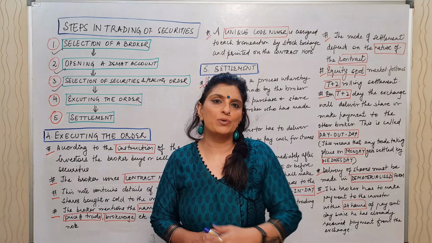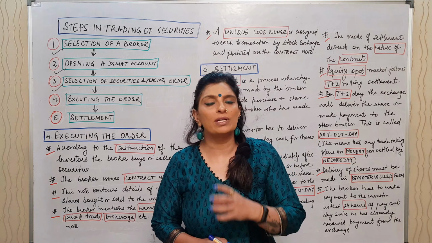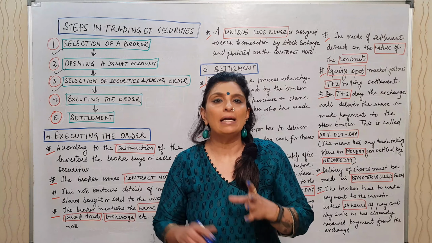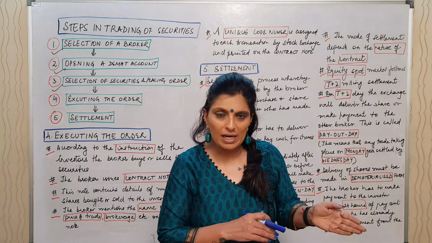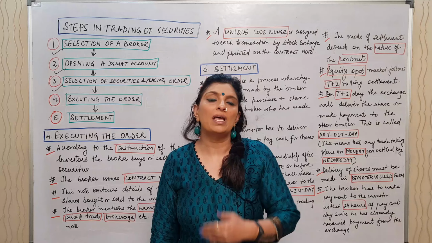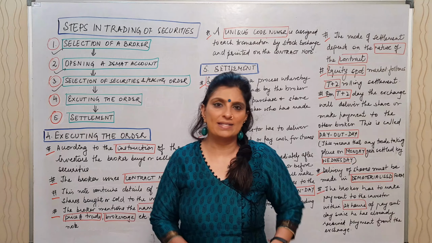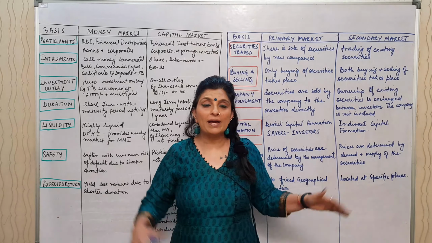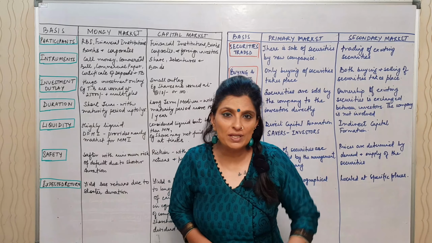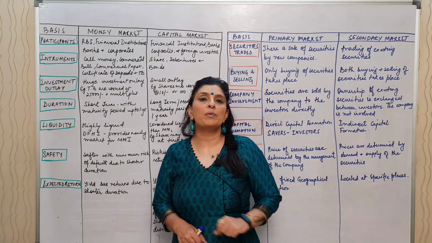Next, I'll talk about the next video, about the difference between primary and secondary market and money and capital market, and after that we'll go ahead with depository and demat. Coming to the difference of primary market and secondary market and money market and capital market. Why are we doing this in between?